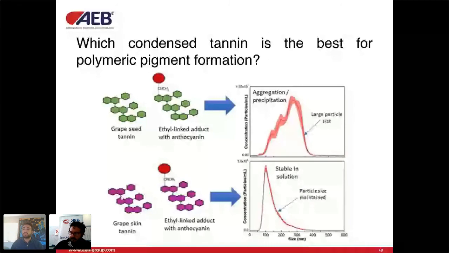Their result shows that grape skin tannins are better to stabilize color because they are less prone to polymerization. Because they are less prone to polymerization, skin tannins are better at staying in solution with the color.